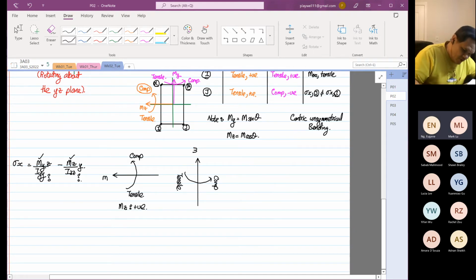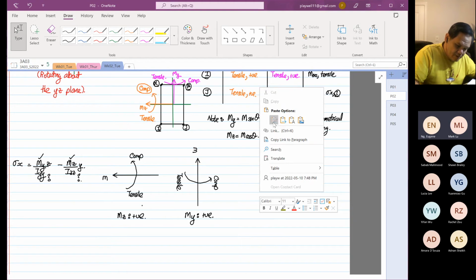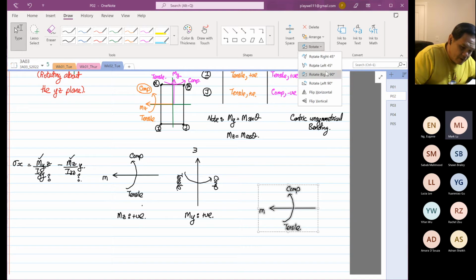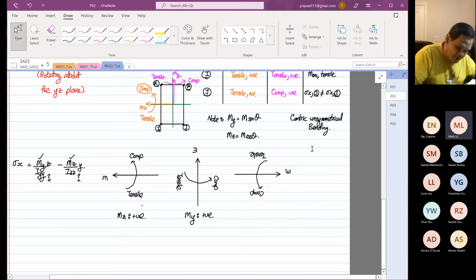And the next one that I just drew is moment about y, which is also positive. Then I rotate right twice. What you have over here is moment about z where the moment is negative.